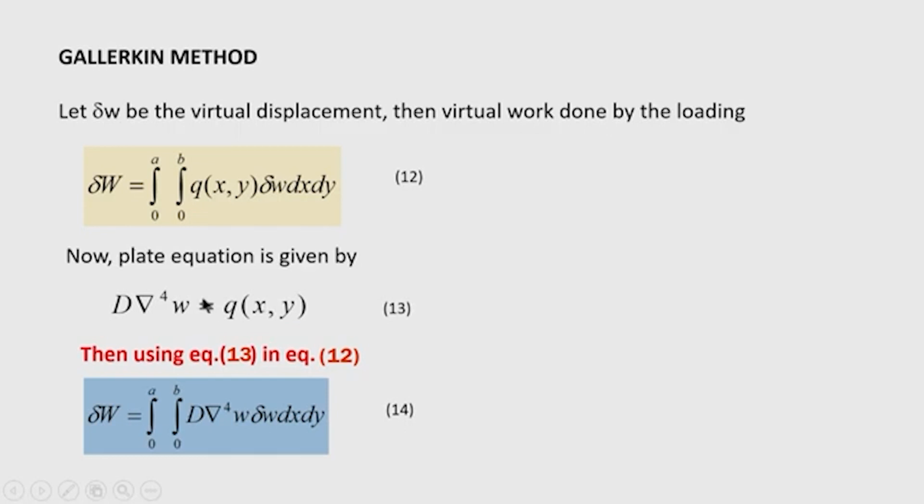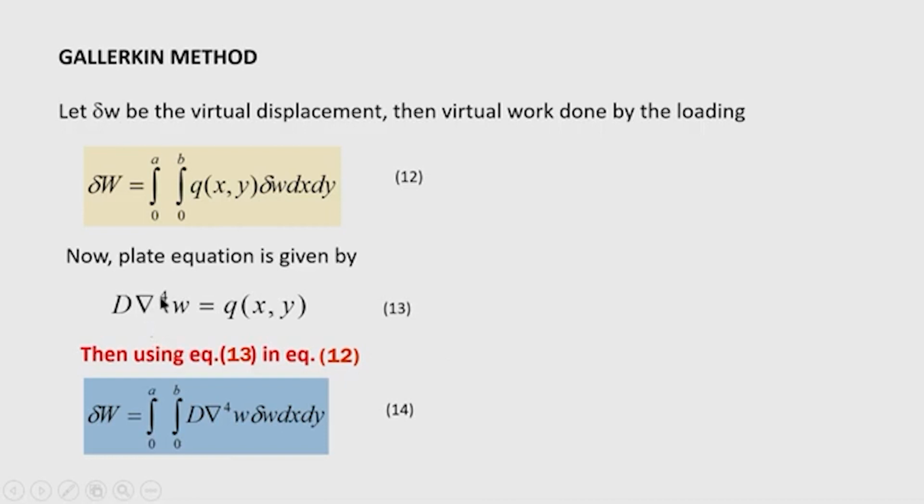Now, here you can see that del 4 is the differential operator, which contains 3 terms, that is del 4 by del x 4 plus 2 del 4 by del x square del y square plus del 4 by del y 4.